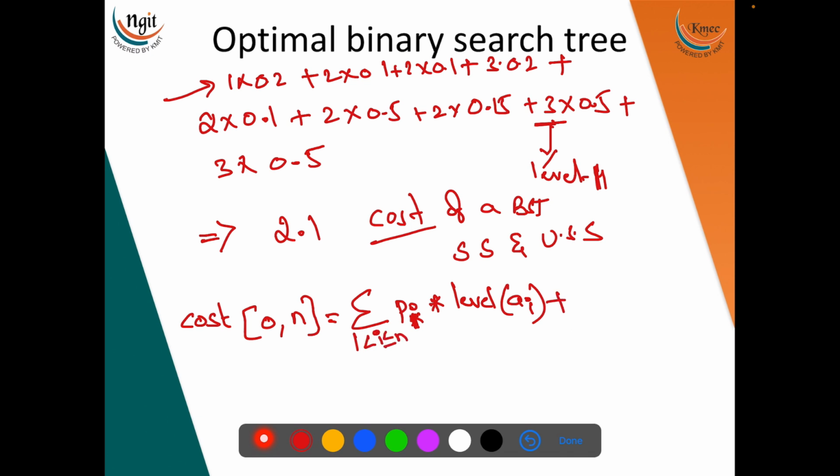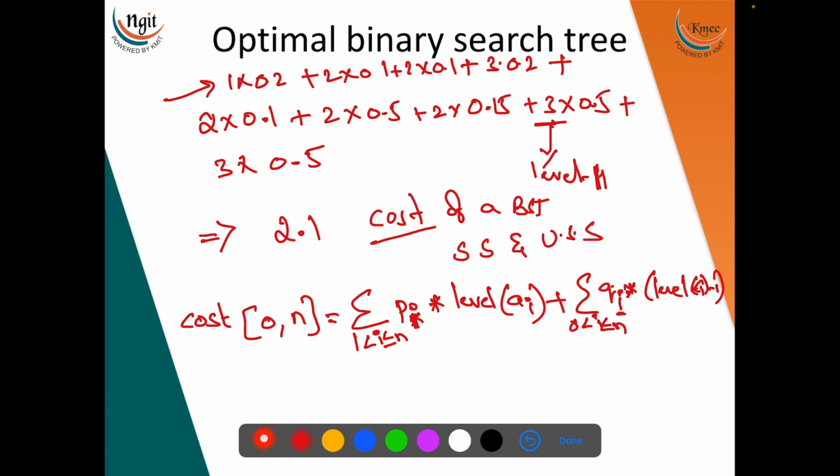How did I calculate this cost? Probability of this plus qi into level of ei minus 1. Right? Now, for it, I represented it as i. i starts from where? 0 less than or equal to i less than or equal to n.